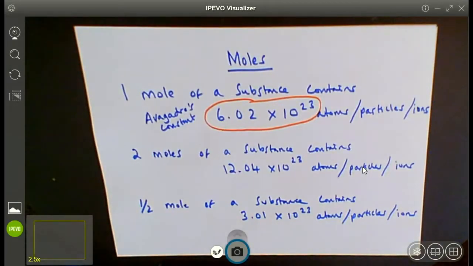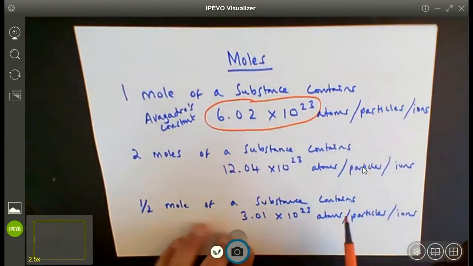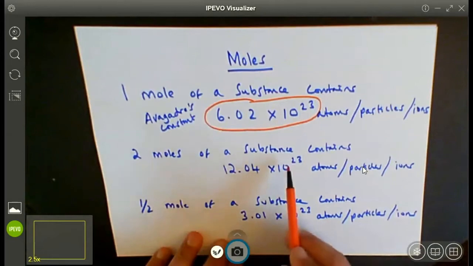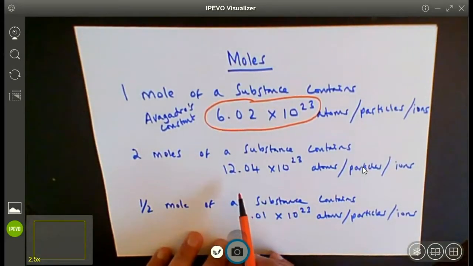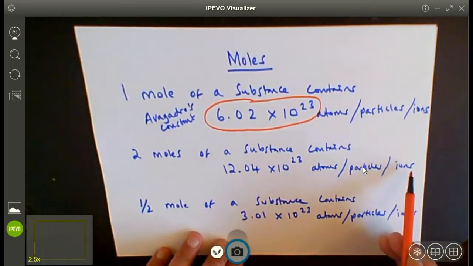Now, it's a bit like the baker's dozen. A dozen is 12. So 1 mole means I've got 6.02 times 10 to the 23 atoms, particles, or ions. So if I've got 2 moles of any substance, that will contain 12.04 times 10 to the 23 atoms, particles, or ions.